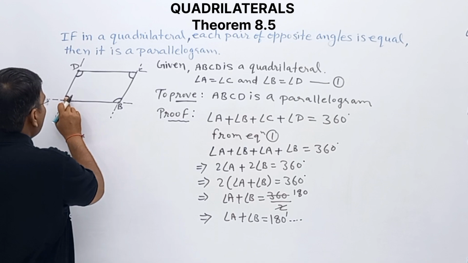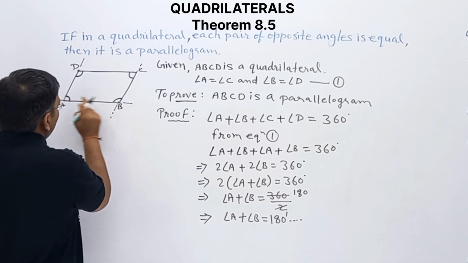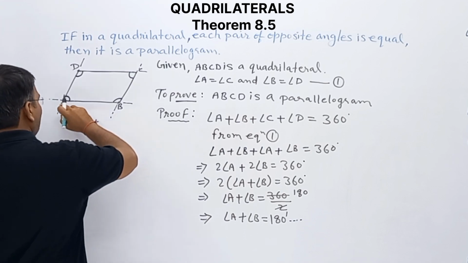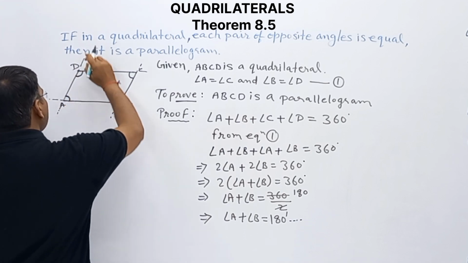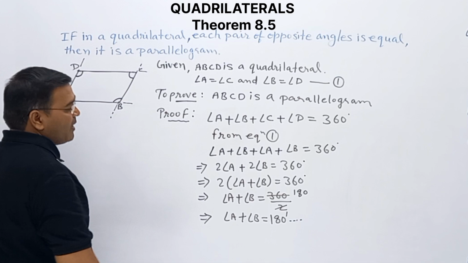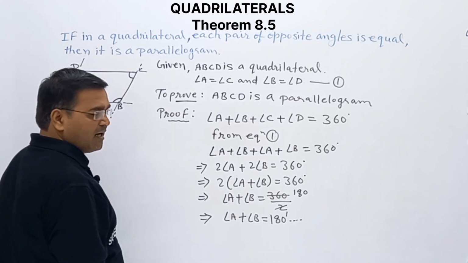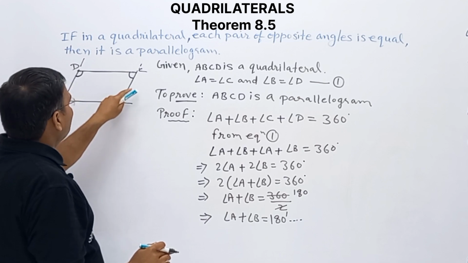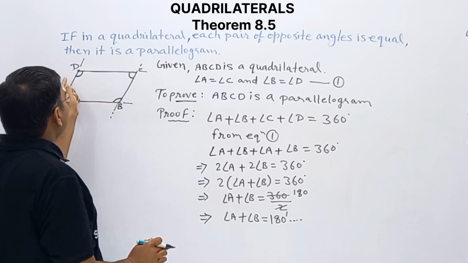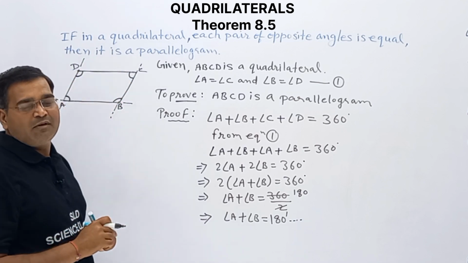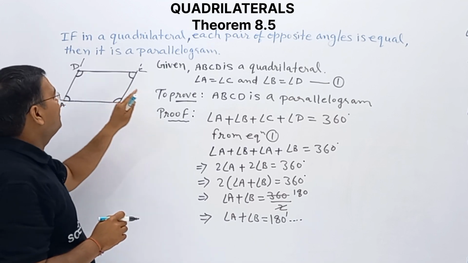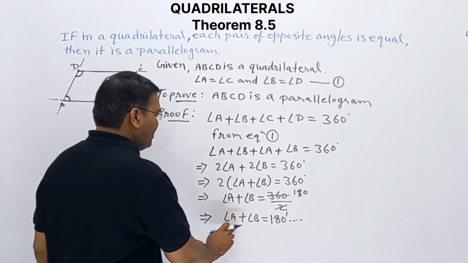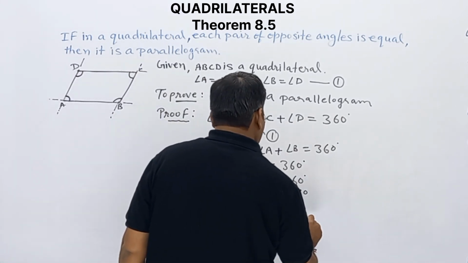It means both angle A plus angle B, the sum of both angles is 180 degrees. It means this is the transversal and these two lines are parallel lines. For the quadrilateral, opposite sides are parallel, and when opposite sides are parallel and equal, that one is called a parallelogram. And this thing we want to prove. So angle A plus angle B equal to 180.